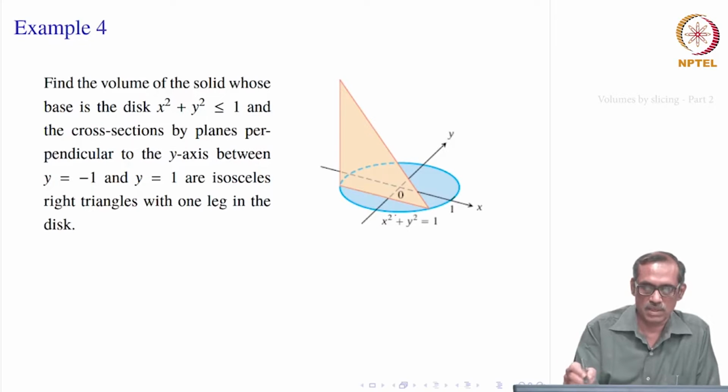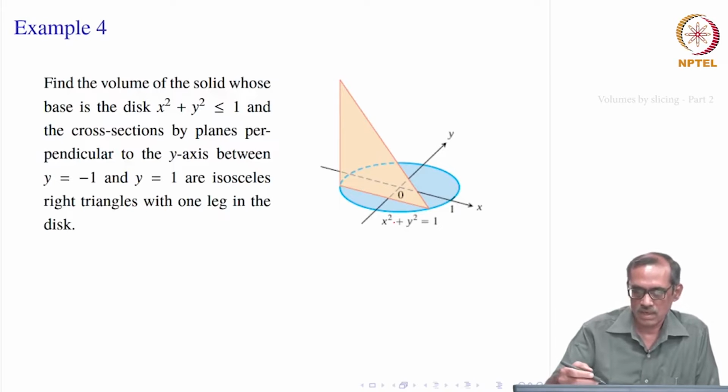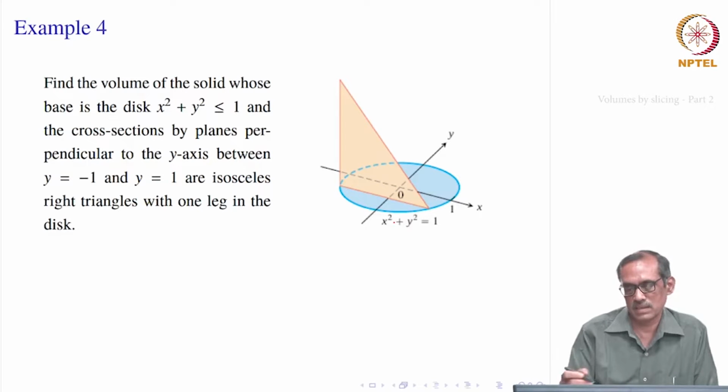where the base of the solid is, and then the cross sections by planes perpendicular to the y axis. So, if you take the slice or the cross section of the solid by taking a plane which is perpendicular to the y axis, that is parallel to the xz plane, then you will get the limits for y as -1 and 1.